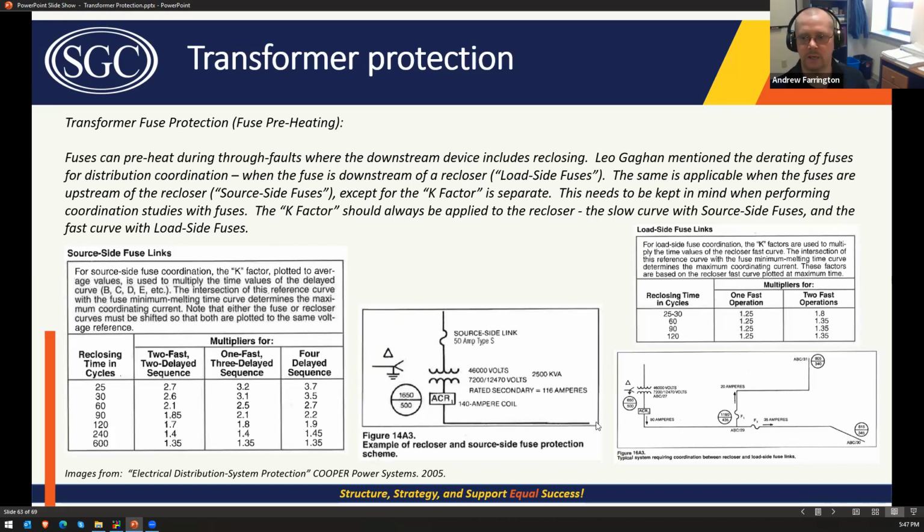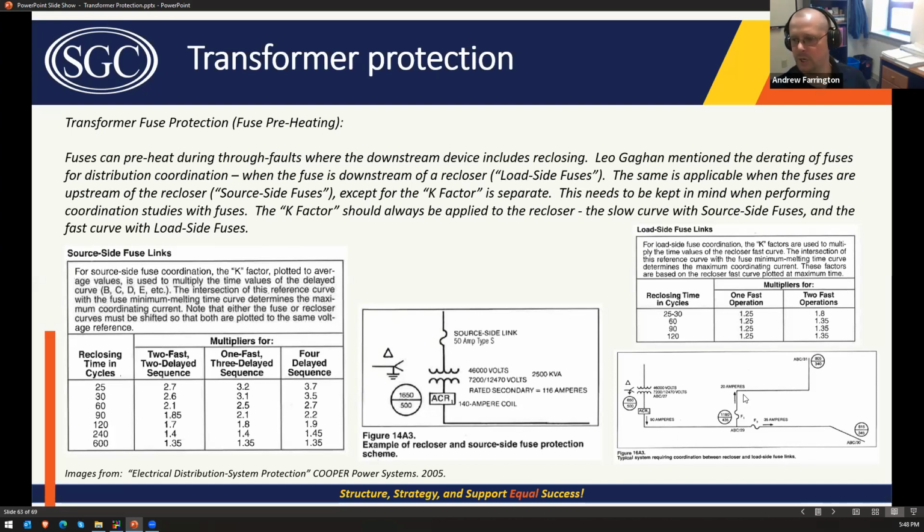If that was a fused transformer with a low side recloser, it's similar to this, but it's a different K factor. Depending on which side the fuse is, whether it's source side or load side, the K factor is different, okay? And which curve you apply the K factor to changes when it's source side or load side as well.